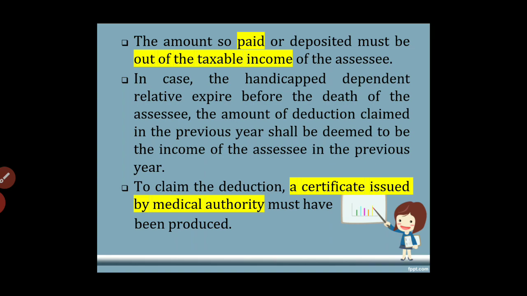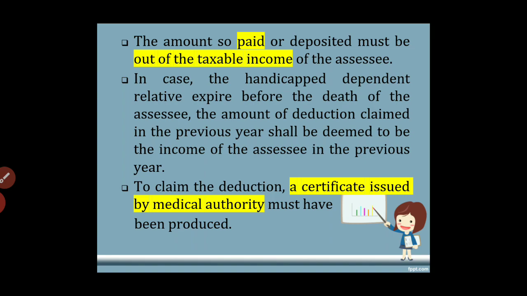The tax on that. Now, next condition, to claim the deduction, a certificate issued by medical authority must have been produced. One of the most important points: how can you claim the deduction? At least you should have certain proof that yes, I am incurring the expenditure for such a dependent handicapped relative. For that, you need to produce a certificate issued by the medical authority that yes, this person is a handicapped dependent completely on you and you can claim the deduction on that, right?